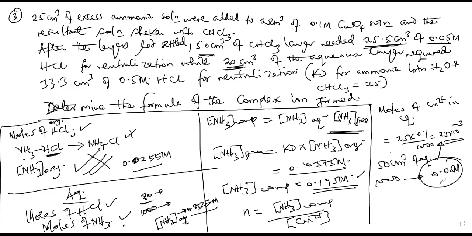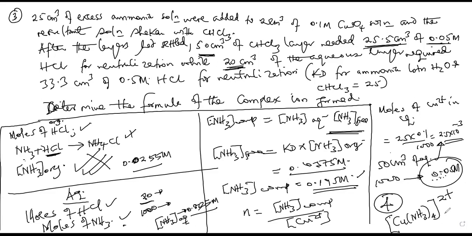Now it means that 0.05 moles of copper 2 ions complex with the 0.195 moles of ammonia. Then what about 1 mole of copper 2 ions? You'll get your answer as 4. So the formula of the complex, if they say determine the formula of the complex, it will be Cu(NH3)n, the value of n is 4, 2+.